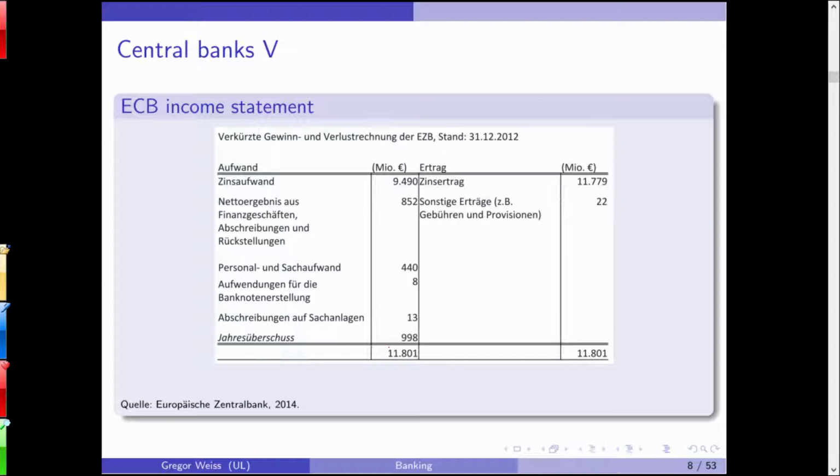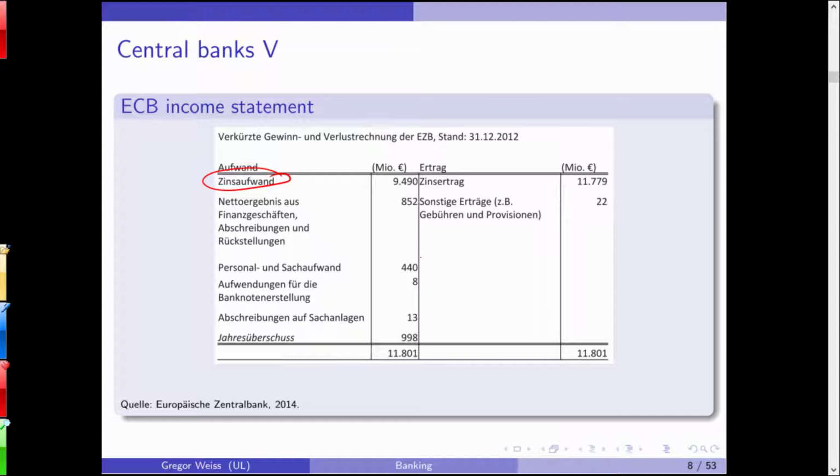Here you can see the income statement, which is also quite small. You can see that the central bank generates interest income. It also pays interest to commercial banks.